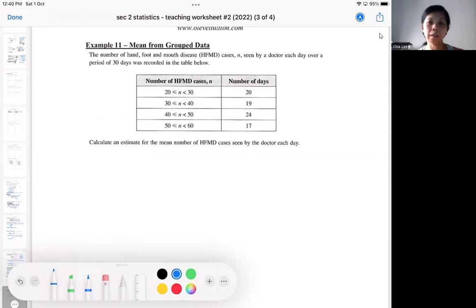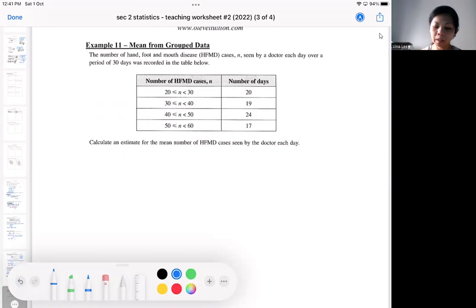For this example, this is the one that most people may make mistakes on, or they couldn't even calculate the mean. This one is called grouped data, but grouped data is not very accurate. Why is it not so accurate? In this example, we are looking at the number of HFMD cases over a period of 30 days.